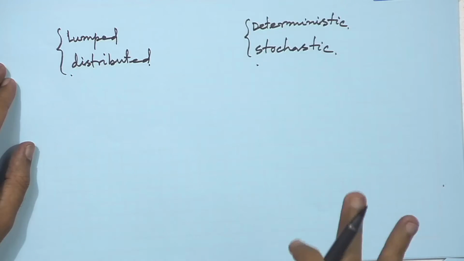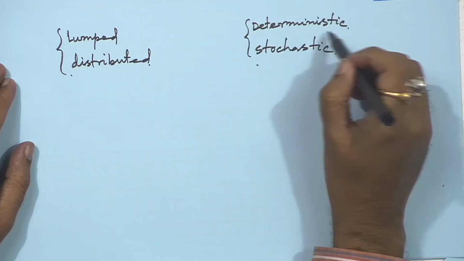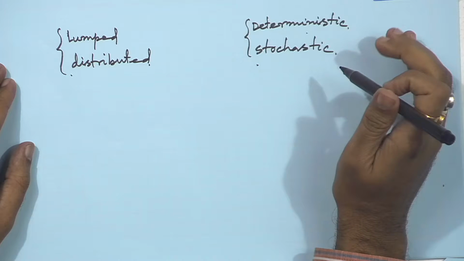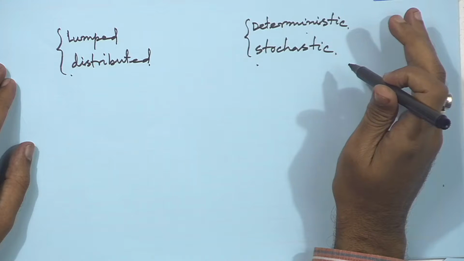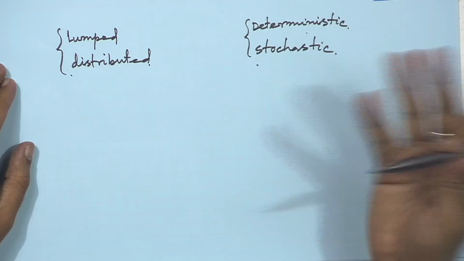Okay, unit. Okay, a single value can represent your whole system. Okay, and distributed means you will have multiple values. Okay, spatially varying values are available, and deterministic is not time independent. Time independent is steady, unsteady.